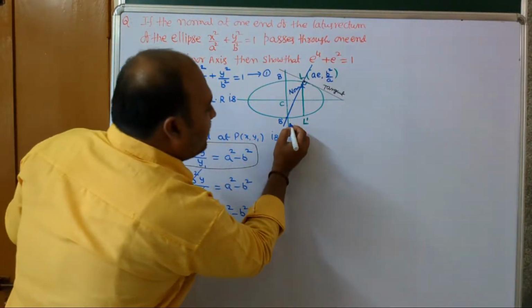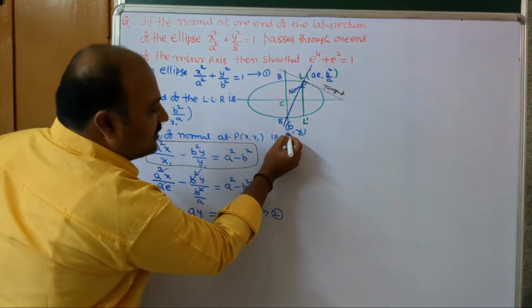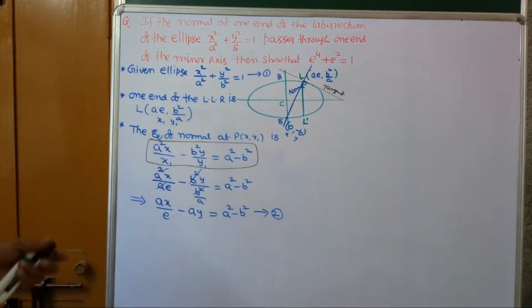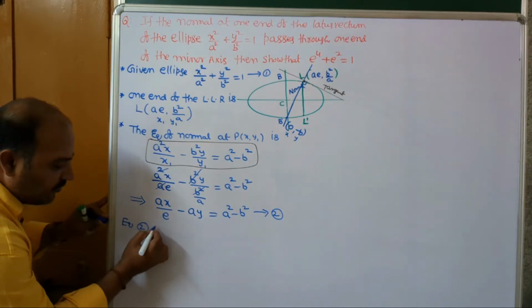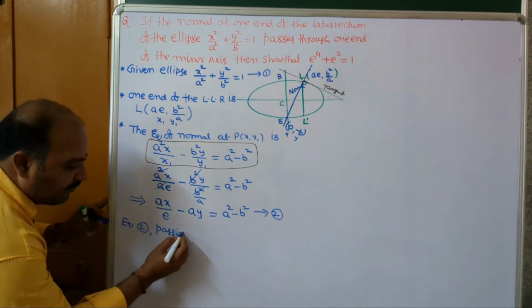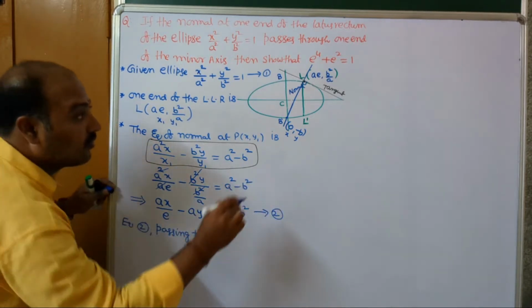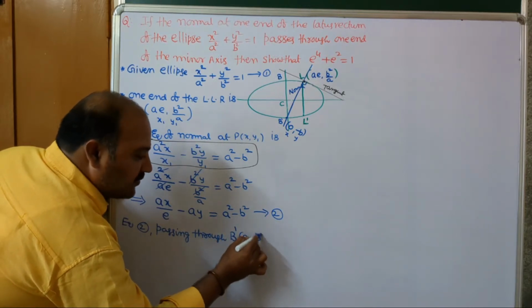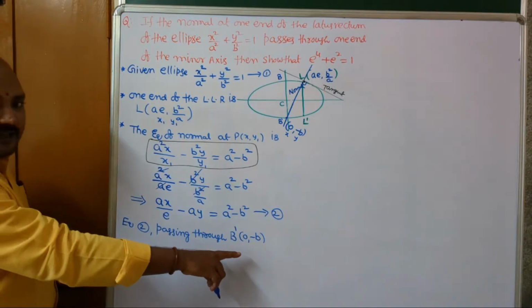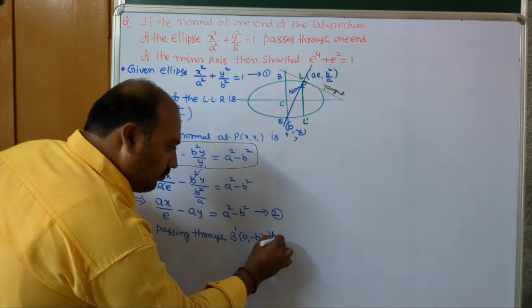the minor axis, B dash. Here the minor axis coordinates are (0, minus b). This is x, this is y. So equation 2 is passing through one end of the minor axis, that means B dash (0, minus b).